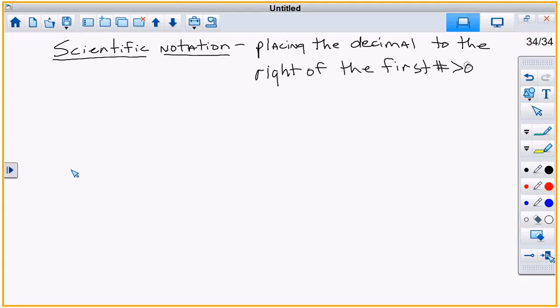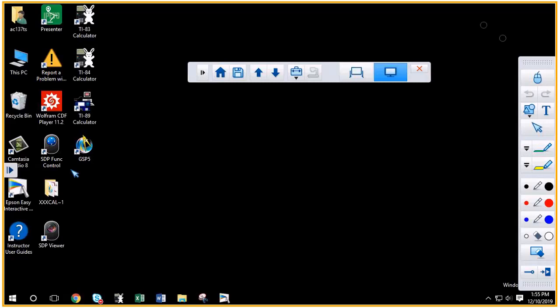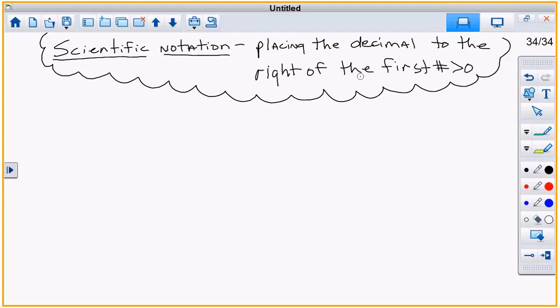Now, the first thing you have to do to learn how to do scientific notation is to learn that definition. And why is that? Because if you don't learn this definition, then you're not going to know how to change a number into scientific notation.